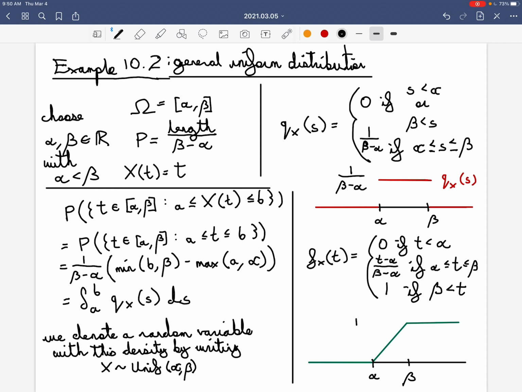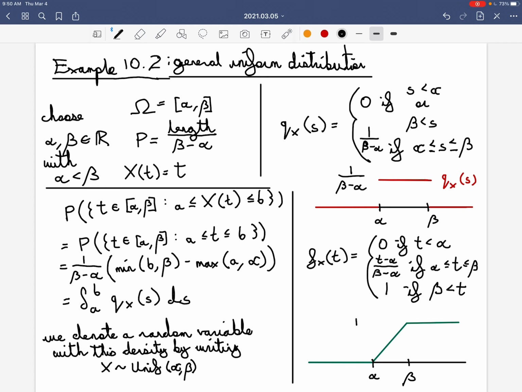Now the height of the step is 1 over beta minus alpha. And you can see that's what needs to be the case based on the computation on the lower left.